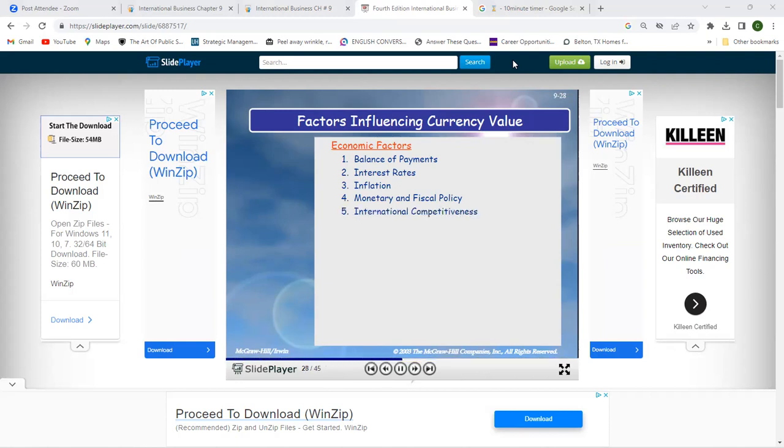Okay, sorry, I'm back. Economic factors: balance of payments, interest rates, inflation, monetary and fiscal policy, international competitiveness, monetary reserves, government controls and incentives, importance of the currency in the world.